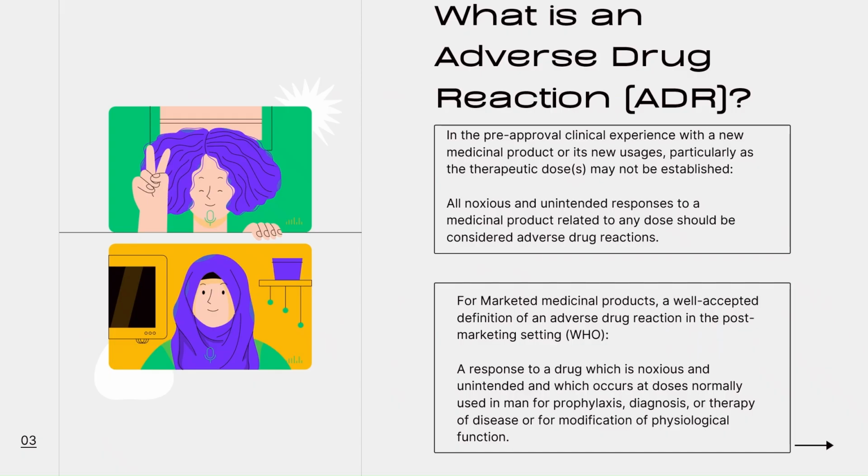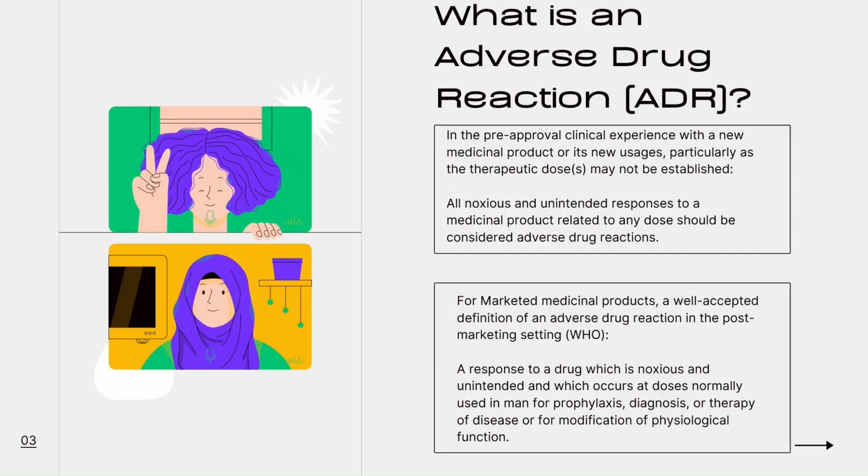Then we have another question, which is what is an adverse drug reaction? As per the ICH E2A guidelines, in the pre-approval clinical experience with a new medicinal product or its new usages, particularly as the therapeutic dose may not be established, it is defined as all noxious and unintended responses to the medicinal product related to any dose should be considered adverse drug reactions.